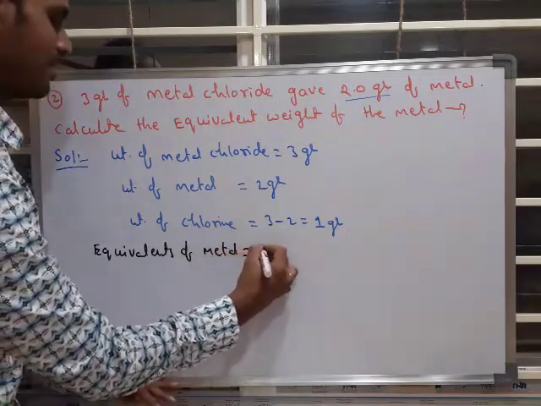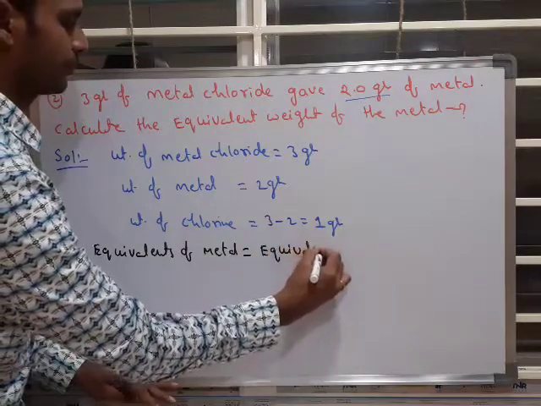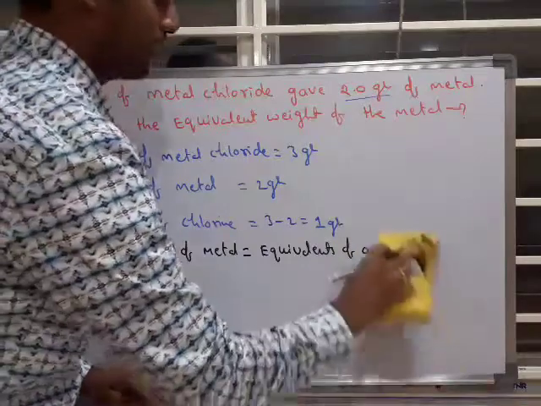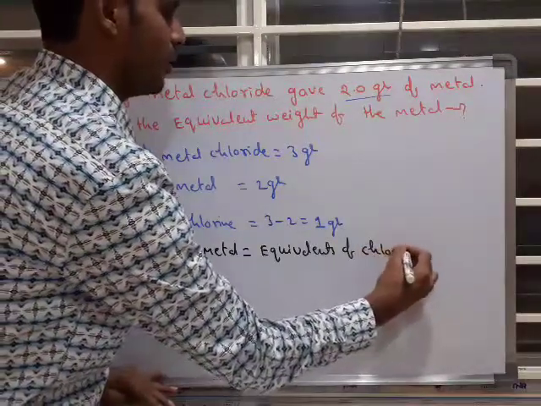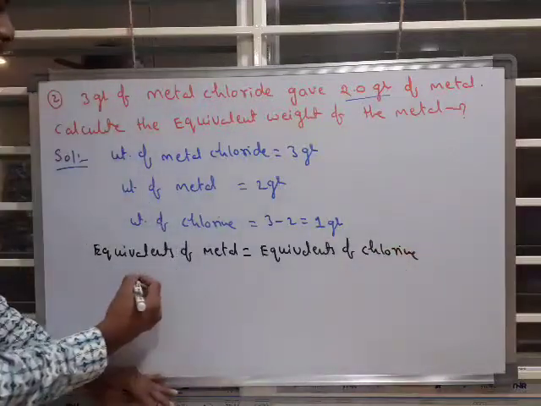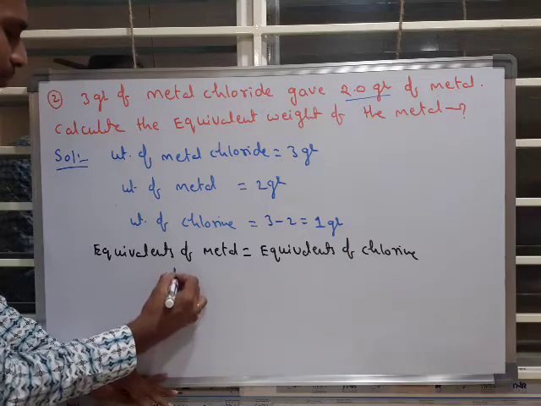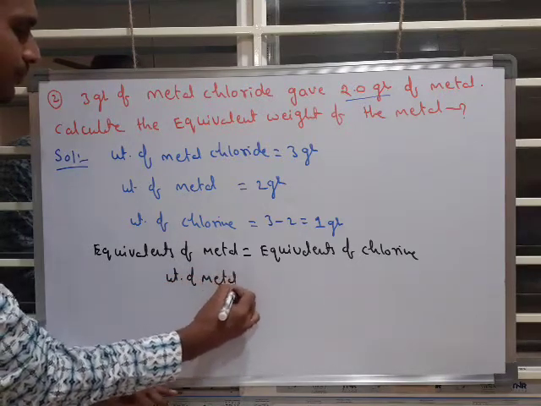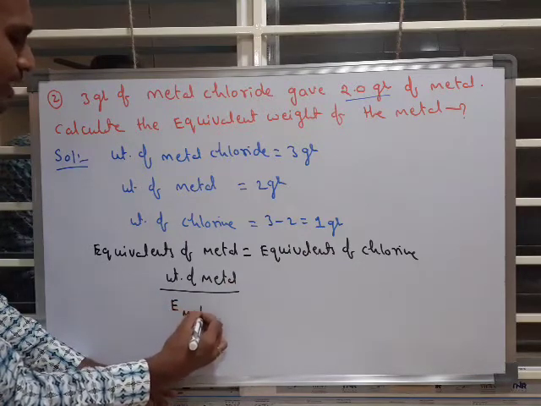Equivalence of metal is equal to equivalence of chlorine. Earlier in the oxide we took oxygen, here it is chlorine. What is the equivalent of metal? Equivalence means we know the formula: weight of metal by equivalent weight of metal, I am writing E metal, okay?